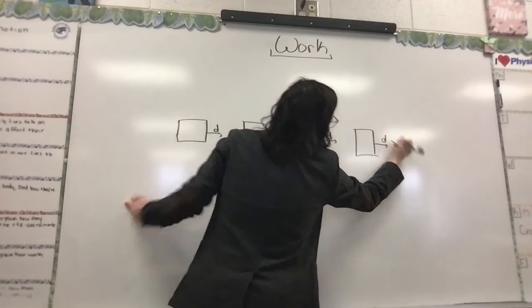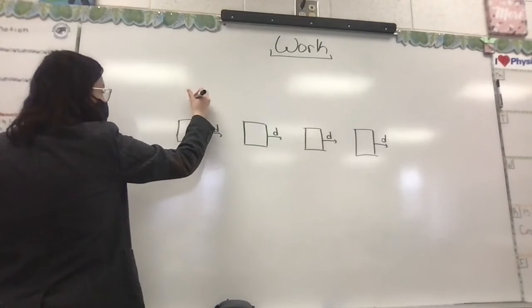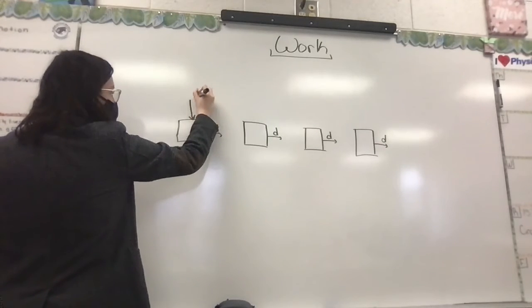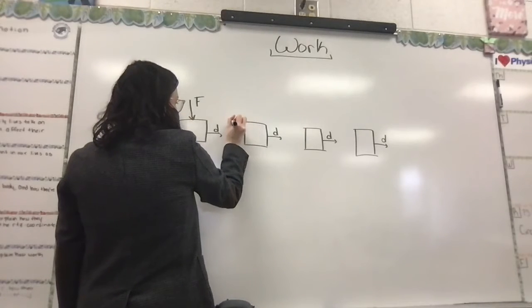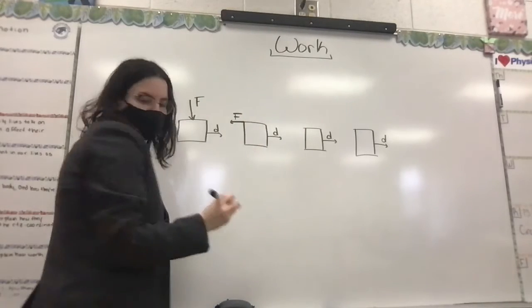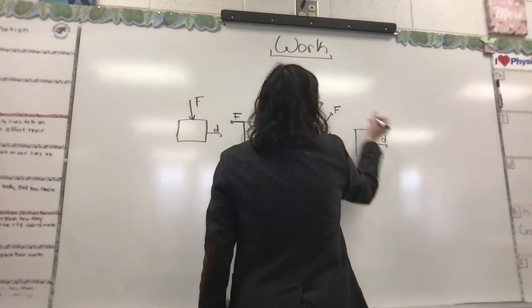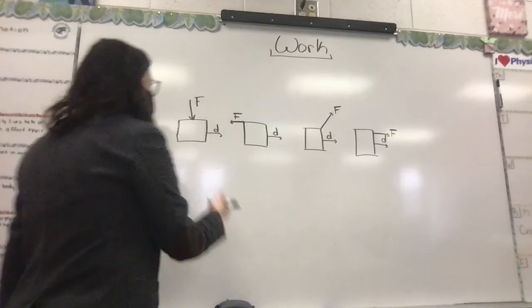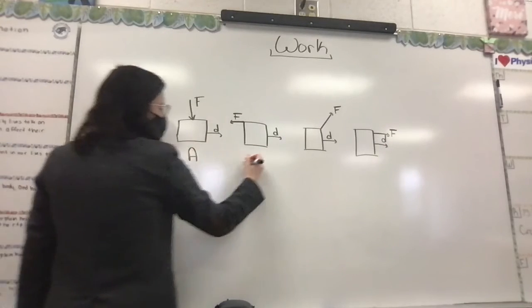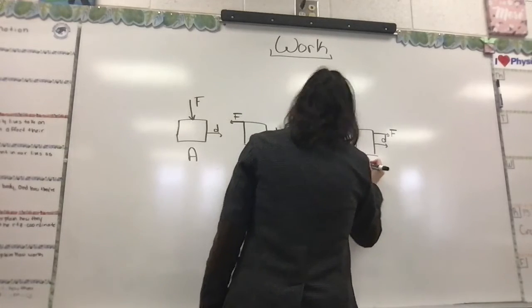However, I'm going to show some different forces being represented on them, okay? This would be one of the forces. That's one of the forces. That's one of the forces. And that's one of the forces, okay?